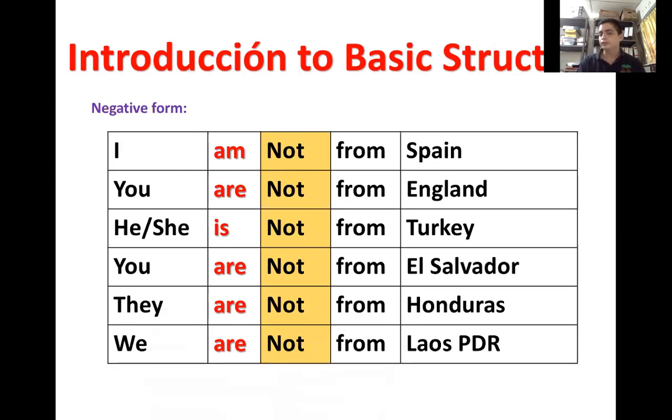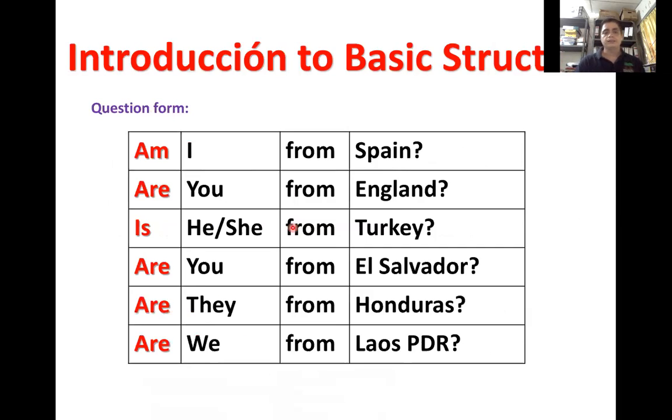In the case of a question, you just add the verb at the beginning and then the subject. I am from Spain. Are you from England? Is he from Turkey? So don't forget to put the question mark. Otherwise, it will not be a question.